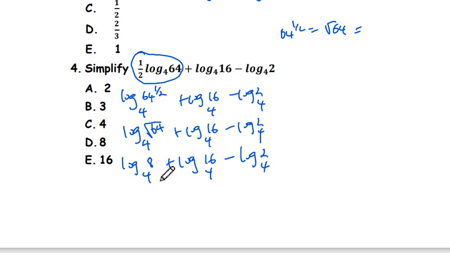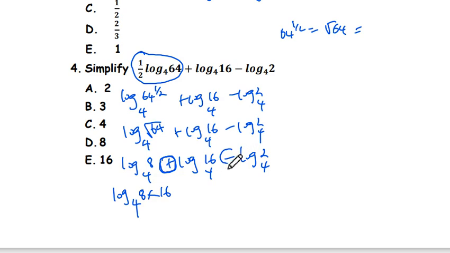Now, since they are all in the same base, we have log 8 base 4 plus log 16 base 4. If you have addition, the addition rule says that you convert it to multiplication, so it becomes 8 multiplied by 16.